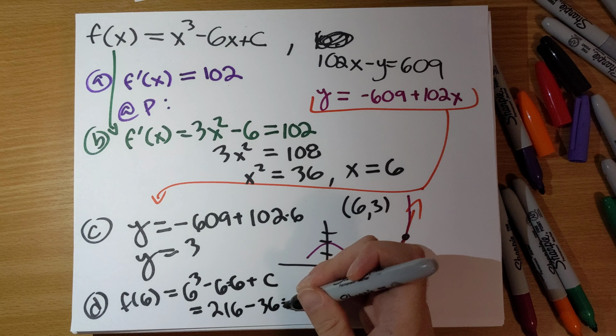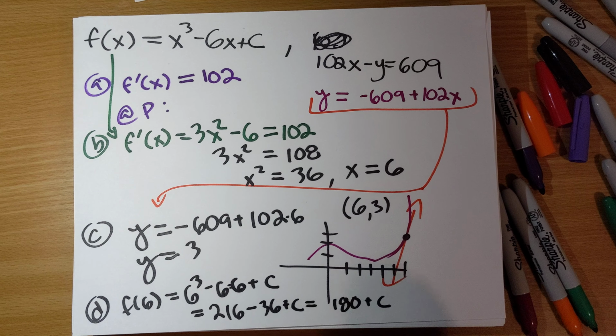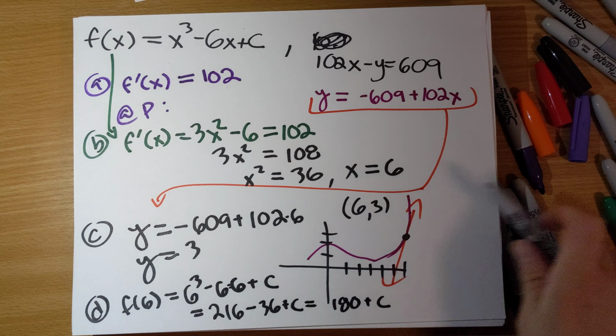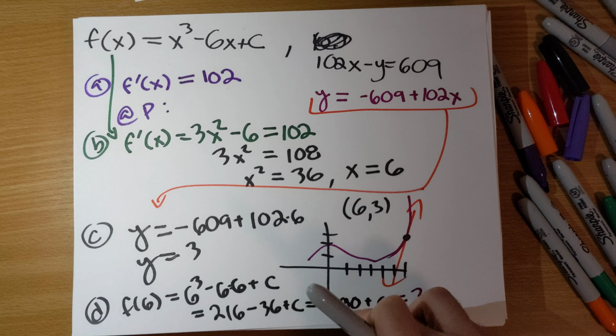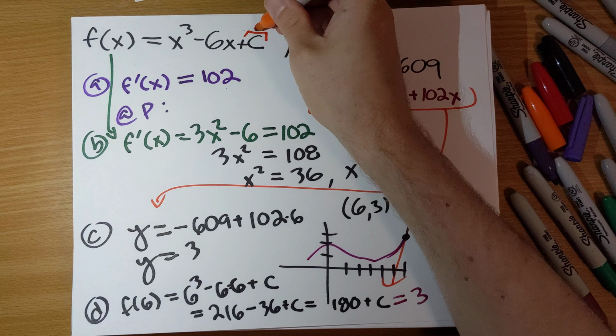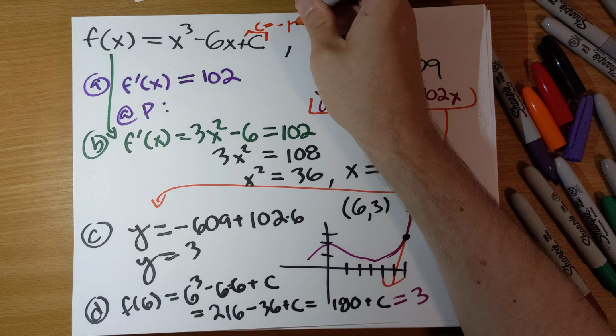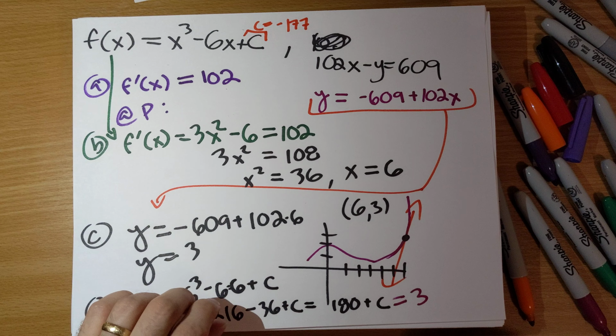Minus 36 plus C is equal to 180 plus C. And from this fact right here, this needs to equal 3. 180 plus C is equal to 3. This lets us conclude that C is equal to negative 177. So that's how you do problem number 10.